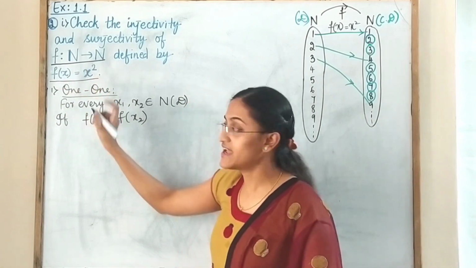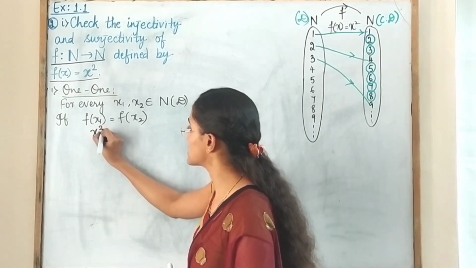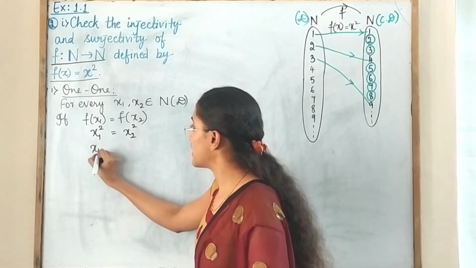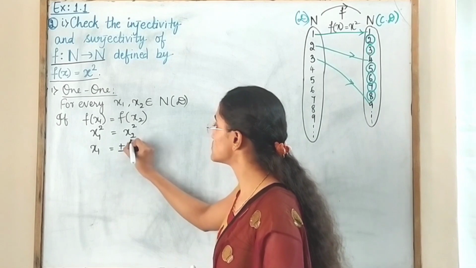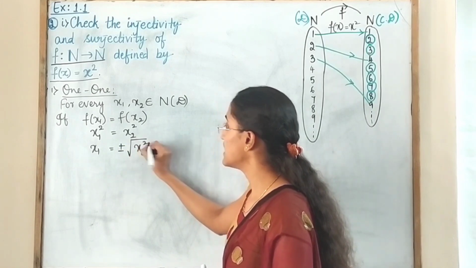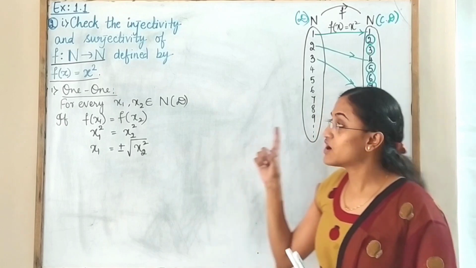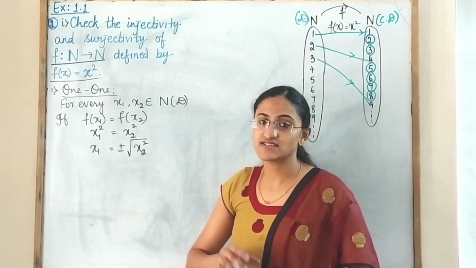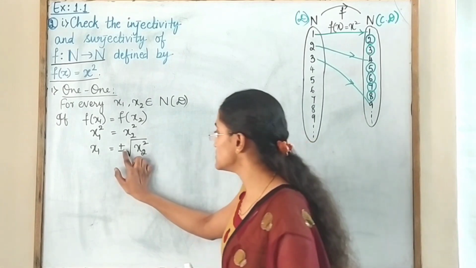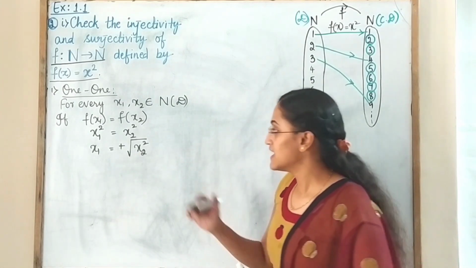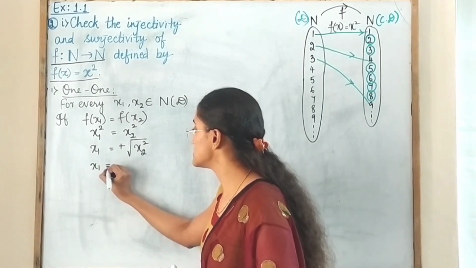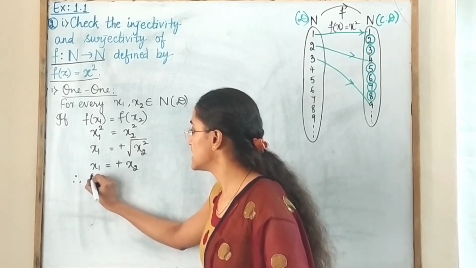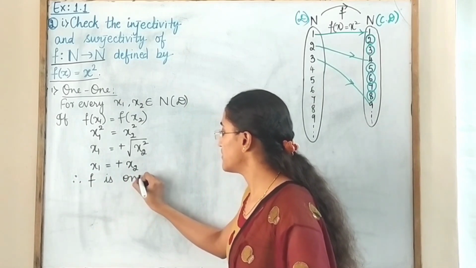F of x is x square, therefore f of x1 is x1 square is equal to x2 square, and x1 will be equal to plus or minus root of x2 square. But now you can observe that you have the natural number sets, and in the natural numbers there will be no negative numbers, and hence you can neglect the negative side, and you will be left with x1 is equal to plus x2, and therefore you can conclude that f is 1-1 function.